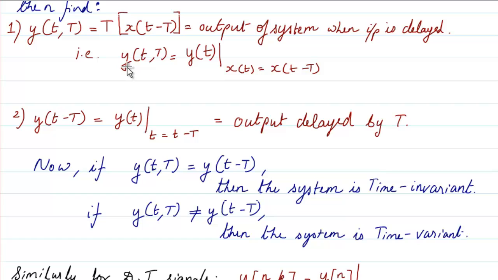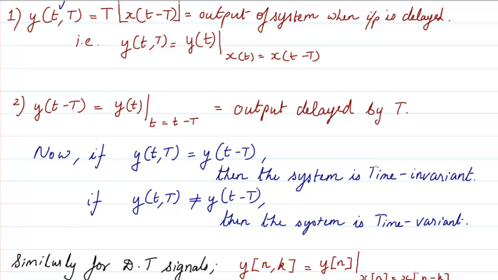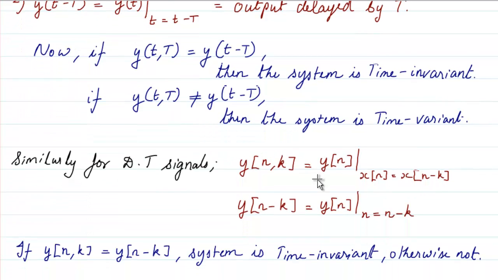Once again, you have to find y of t comma T by putting the value of x of t as the delayed x of t, and y of t minus T you calculate by just taking y of t and replacing all the t's with t minus capital T, and then trying to see if they are equal or not equal. If they are equal, then the system is time invariant, meaning with time the system is not varying, otherwise it is varying.